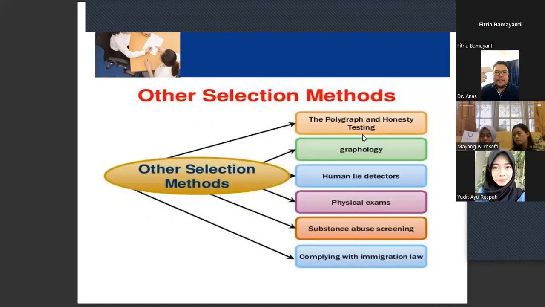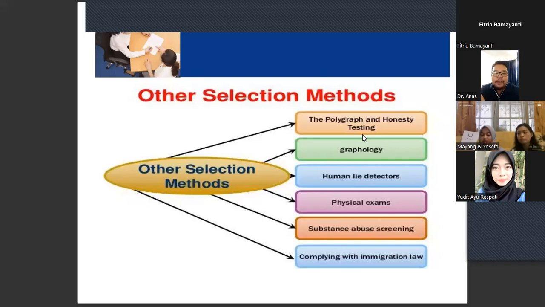The equipment is placed on the fingers, and once they ask you a question, if you tell a lie or are not honest, the graph increases very quickly. So these are polygraph, graphology, and human lie detectors.